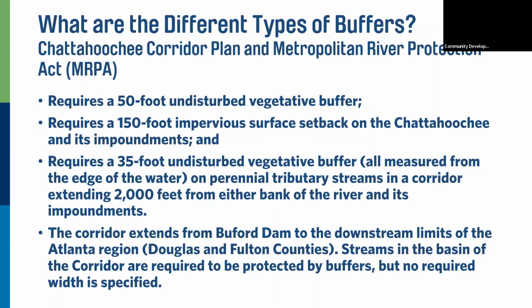And these are the perennial tributary streams within the corridors extending out 2,000 feet from either bank of the river. Okay. Now, what are the buffers that we talked about? Well, the Chattahoochee goes all the way north into Helen, where it starts, but officially, sorry about that, the river corridor actually starts from Buford Dam south through our counties all the way down into Douglas and Fulton counties.